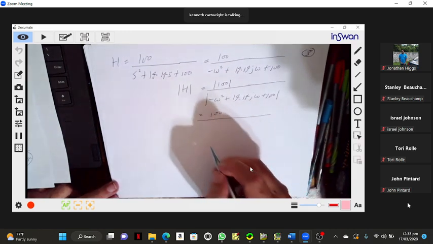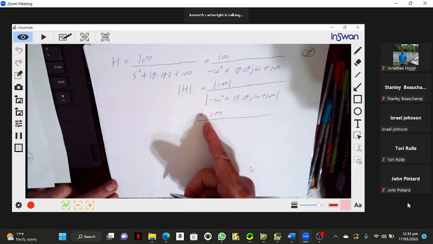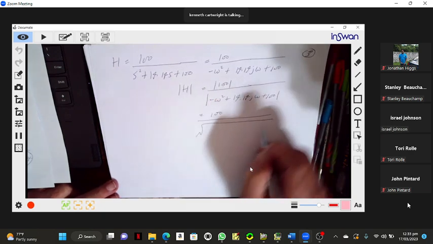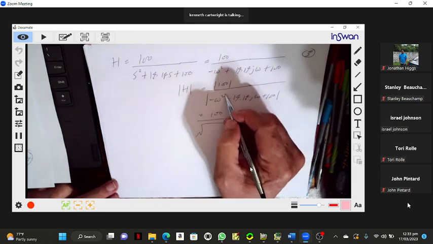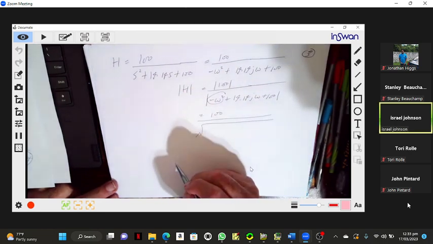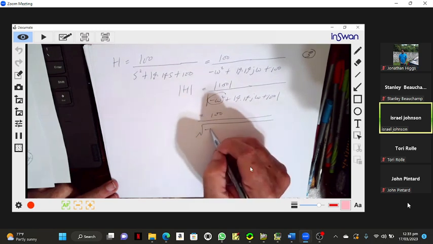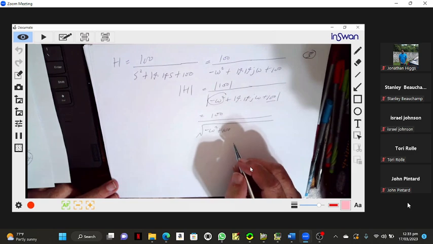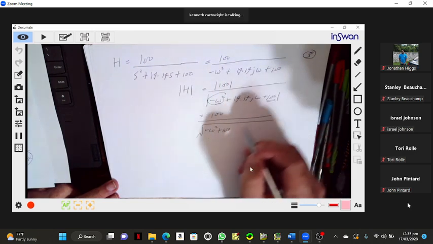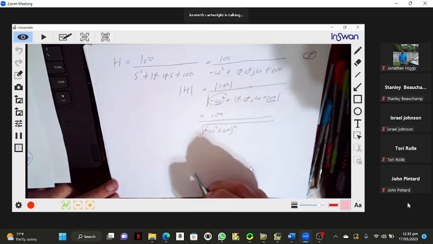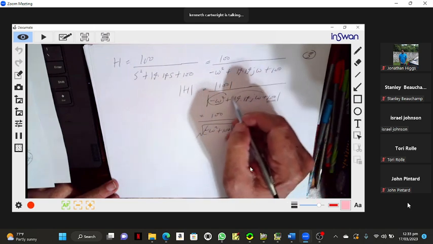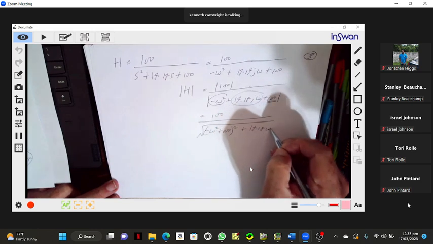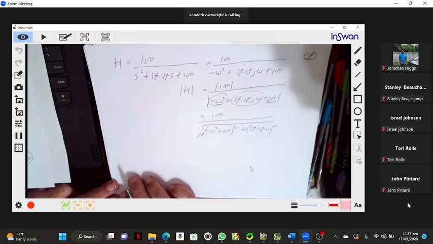What's the magnitude of the bottom? The magnitude of the bottom involves real numbers and complex numbers. So we take the square root. Square root of what? The real part: negative omega squared plus 100. That's real, and the 100 is real, so the sum is real. What's imaginary? Only this is imaginary. Imaginary is 14.14 omega, all squared.